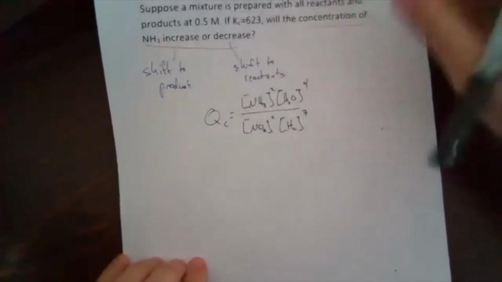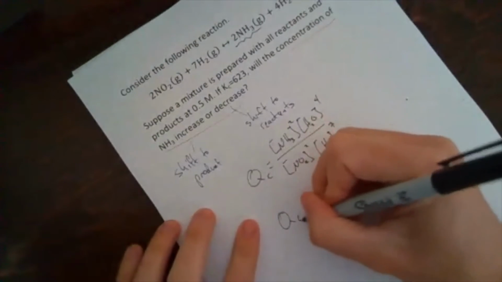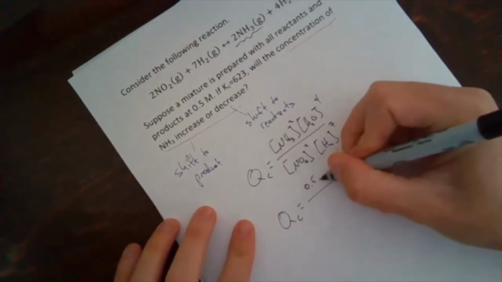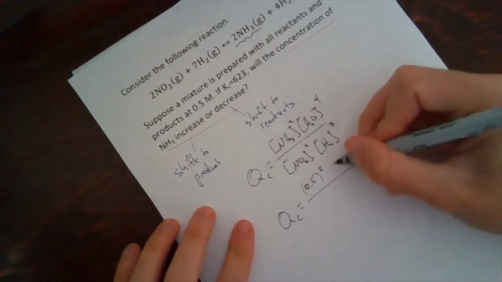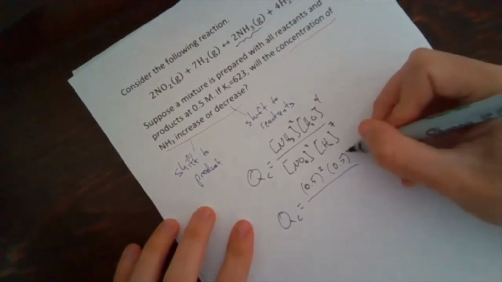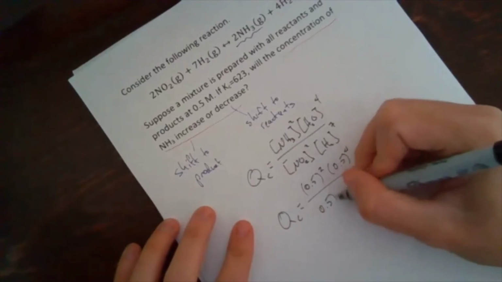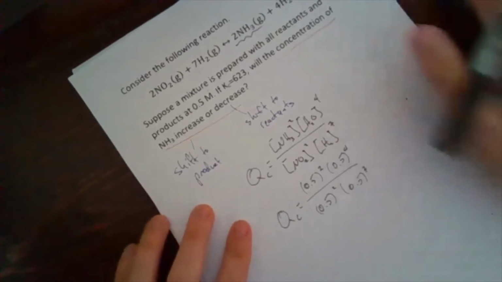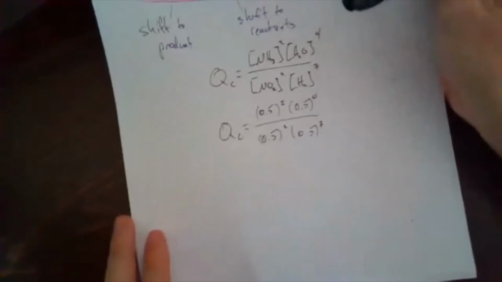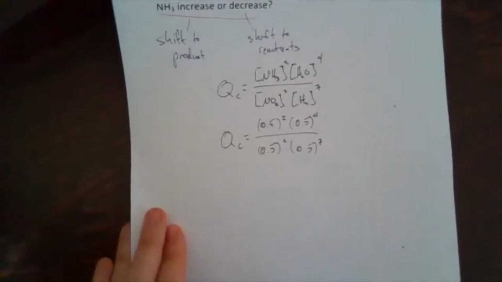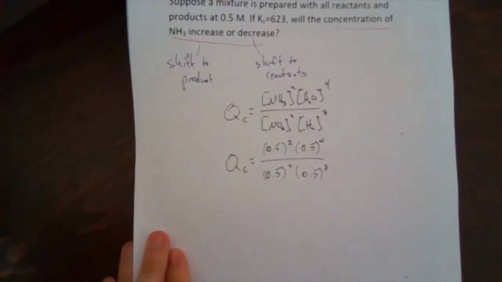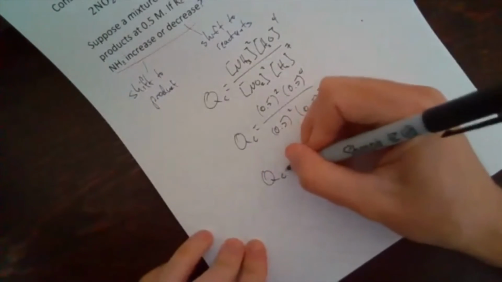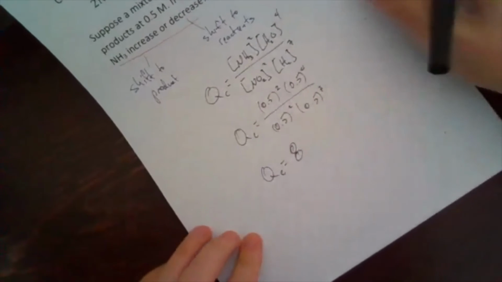And everything's at 0.5, so just plug them all in. QC is a dynamic value. QC can have any value based on what the mixture of reactants and products is. Everything is at 0.5 molar, so we can just put all of them in, and we're going to get a number for QC. It's not like Kc, where it has a constant value for that temperature. It's just anything you want. And so QC is equal to 8.